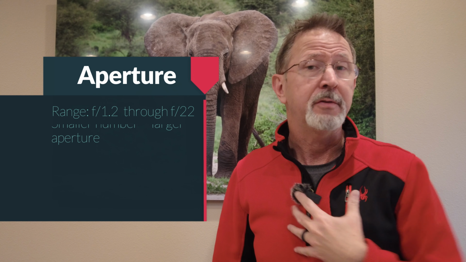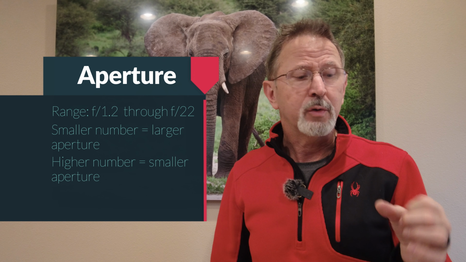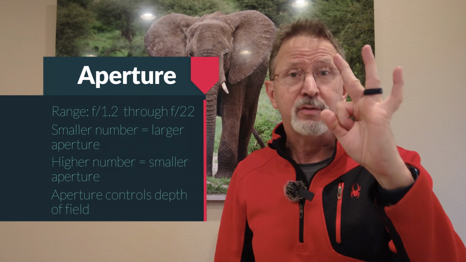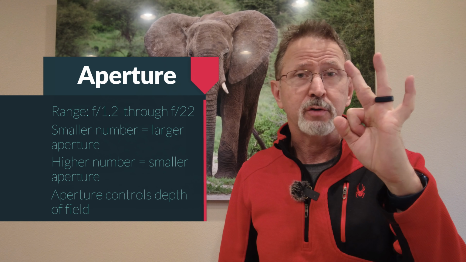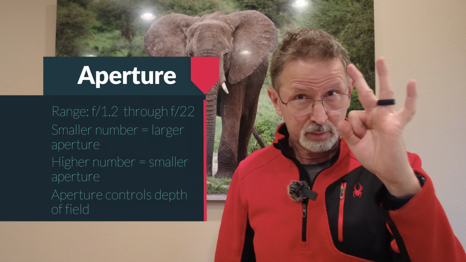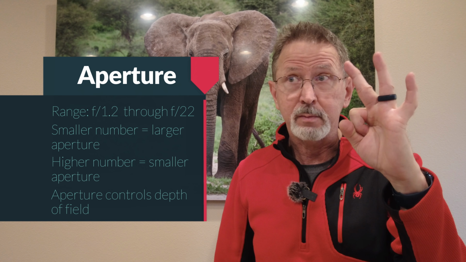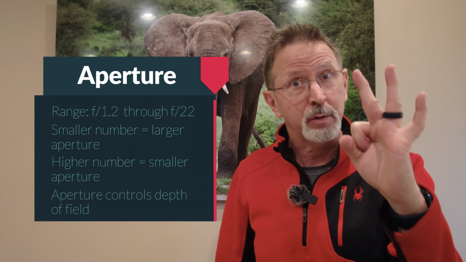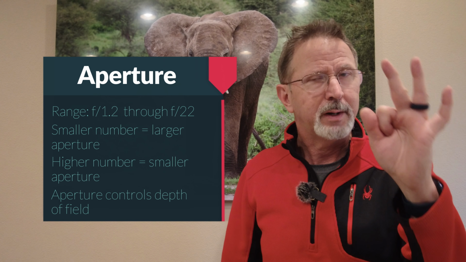If you want everything in focus, like if you're doing landscape photography, which is what I mainly do, then you're usually going to want to use a very small aperture. That small aperture that you create by setting your aperture to a number like f16, a large number. I know it's counterintuitive, but that's the way it works. So as you set that aperture to a smaller opening, you're going to have a much deeper depth of field.